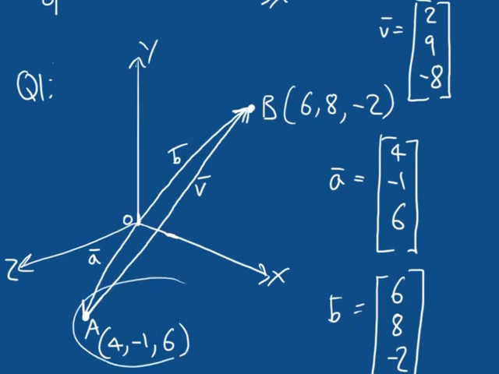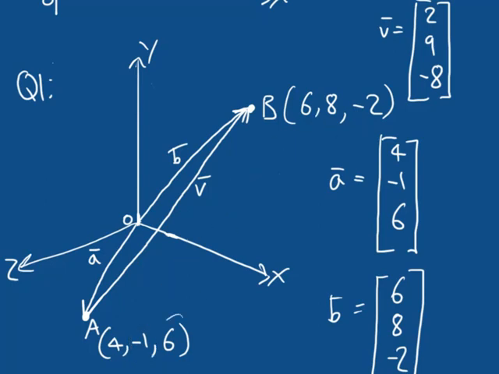And we can check this. If we look at these numbers and we know we're traveling from A to B, if we start at A, which has 4 in x, and we travel a further 2 in x, 4 plus 2 is equal to 6. If we were starting at A, which is minus 1 in y, and we were to travel up 9 in y, minus 1 plus 9 is going to give us 8.